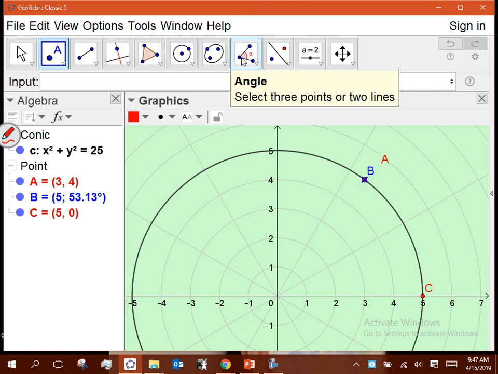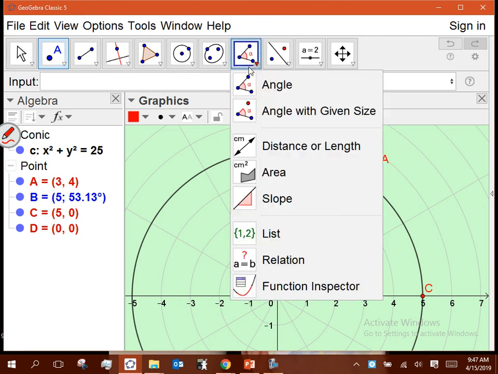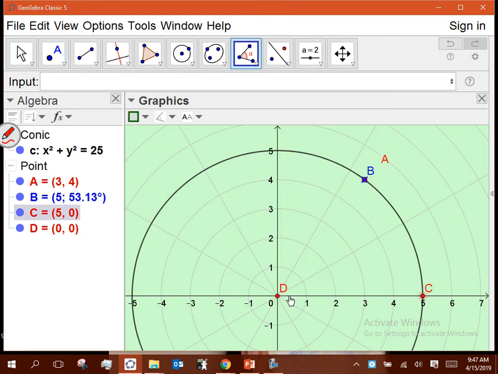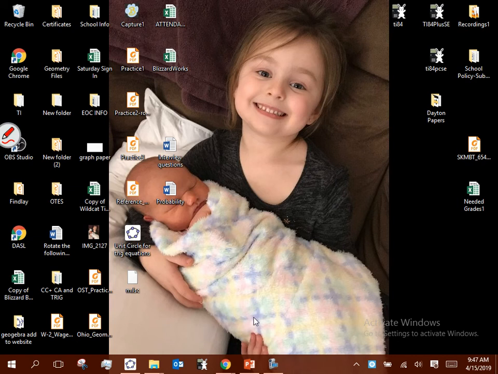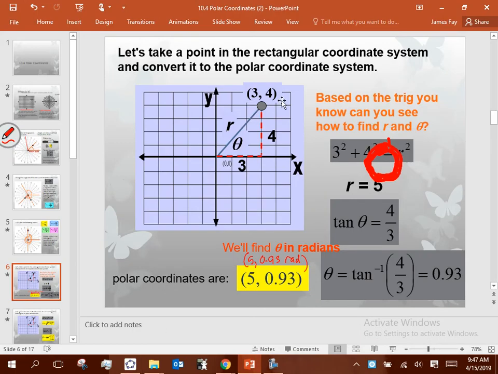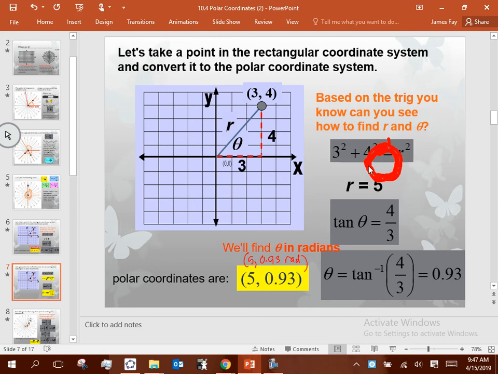Let's go in degrees. We go there, 53.13 degrees. Does that make sense to everybody? Okay. So there are some ways of checking using technology that you've done things correctly.